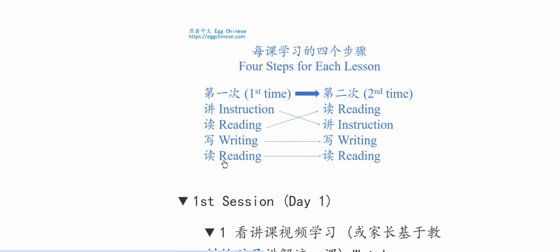Finally, if the students have already learned how to write the common characters, then we will move to the fourth step. We will ask the students to read the whole passage, including the common characters, again at the end of the first session or the first time.